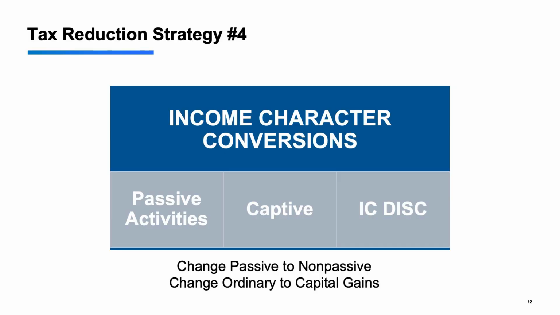And each category of income has special tax rules that apply to it, what's deductible and what's not, and which tax rate applies. What we're doing with income character conversions is we are converting the character of income streams that otherwise would be taxed at a high ordinary income tax rate, and we're converting the character to something that pays lower tax.